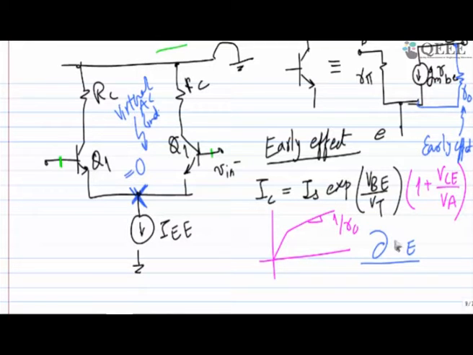That was the one term which we had not included in the previous Y parameter analysis, because at that time there was no control of collector current by VC, but by adding the early effect voltage, a new term comes in, which is called R0. So let's remember this small signal model from now onwards to do the analysis.